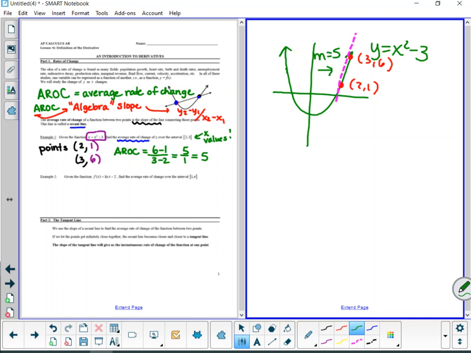Not a very good picture, but I think you get what I mean. The slope, the rise over run, if I was going from this point on that function to this point on the function, it's an increase of 5 units up for 1 unit over.